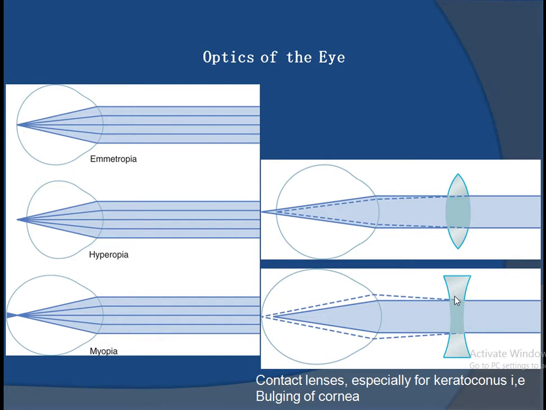The simplest treatment of hyperopia and myopia is to prescribe glasses. In hyperopia, this type of lens; in myopia, this type of lens. This is the simple treatment.